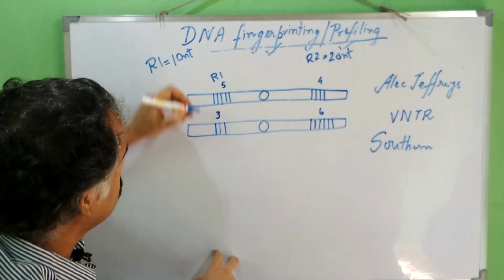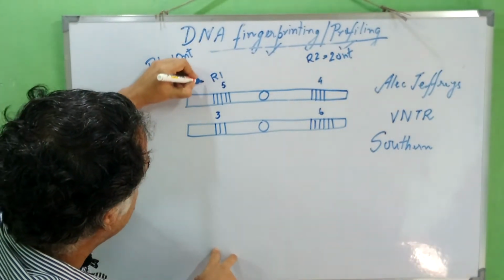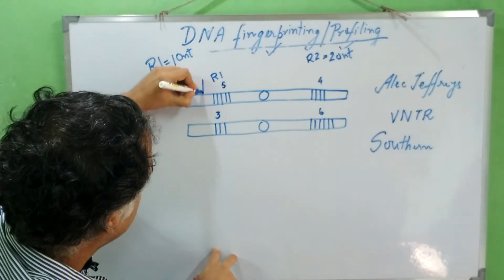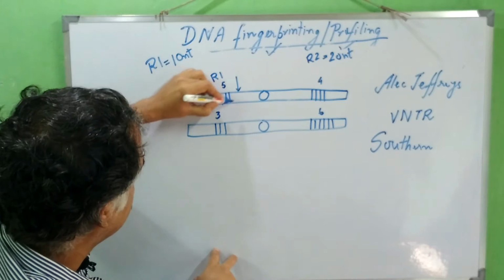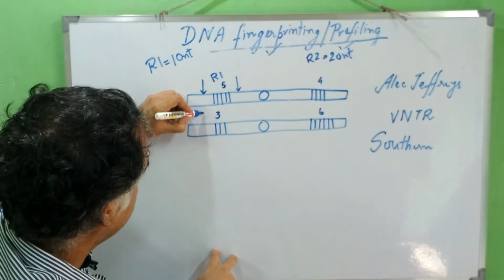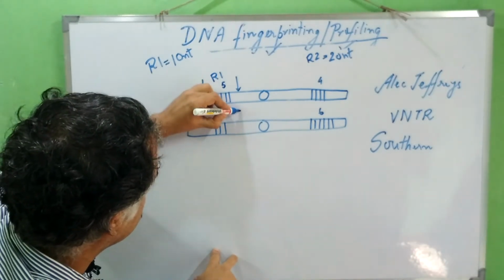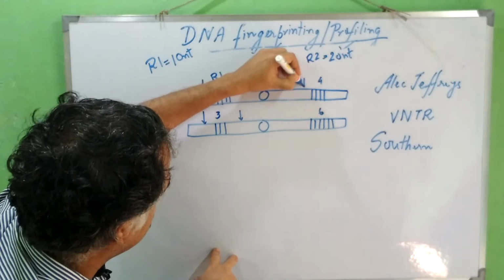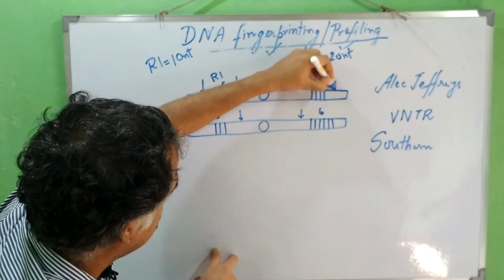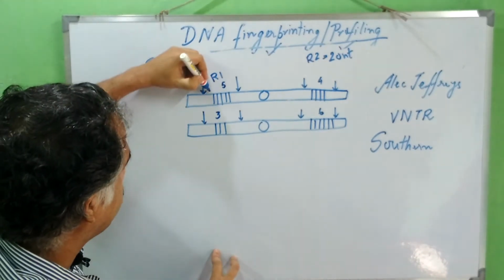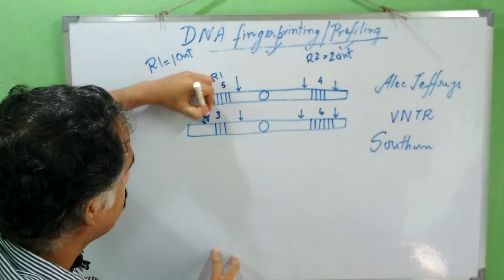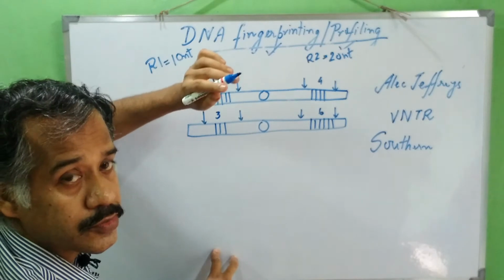Now let us assume that the restriction sites cut in the region flanking the repeat DNA. So it cuts over here, it cuts over here, here, here, here. The gap in each case is 5 base pairs.